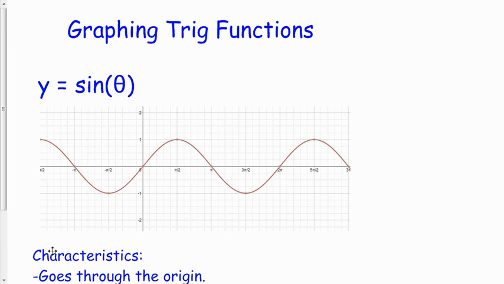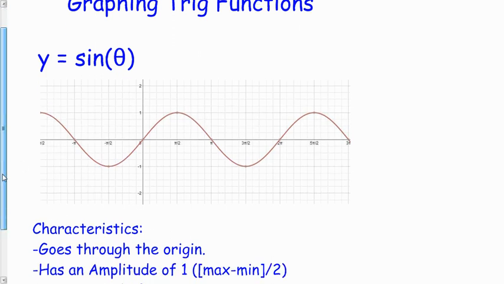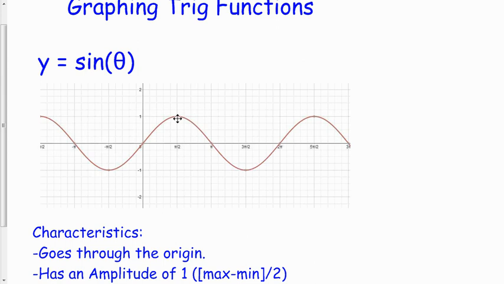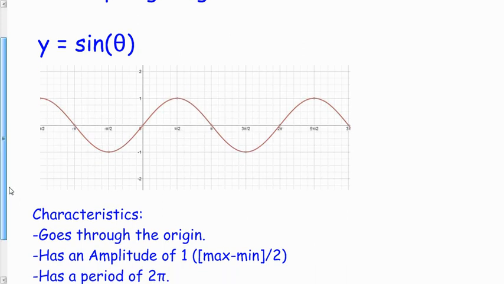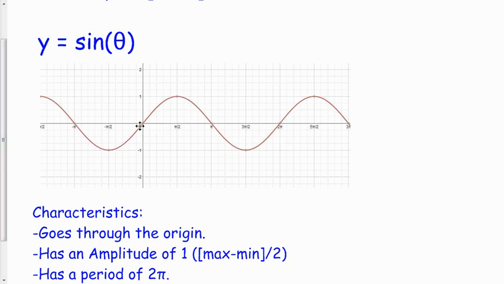It has an amplitude of 1, so from the top peak to the bottom valley is 2, and the amplitude is halfway between the max and the min. So the amplitude is just 1 here. The period is 2 pi, so it starts at 0 and does 1 full rotation of the sine wave in 2 pi. Every 2 pi it's going to repeat itself.